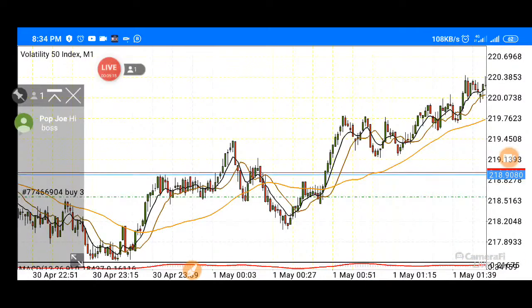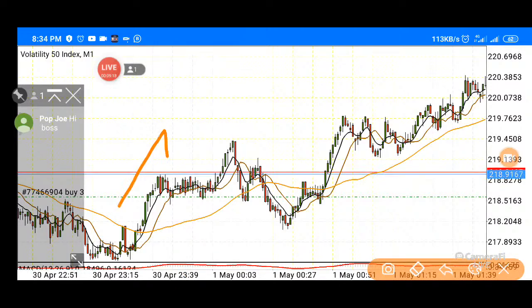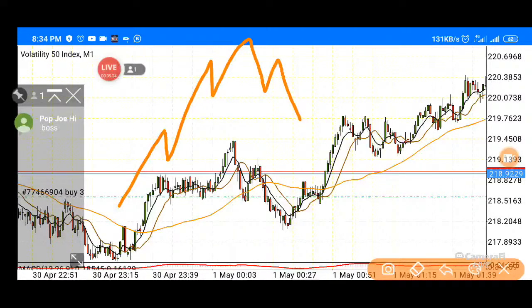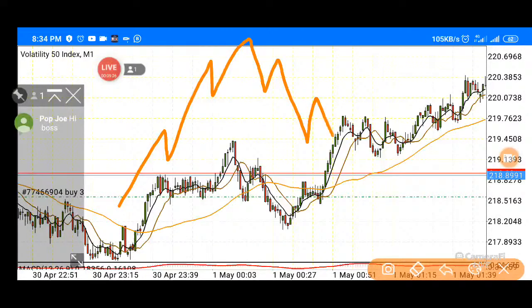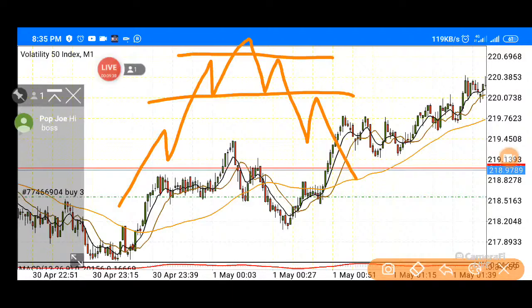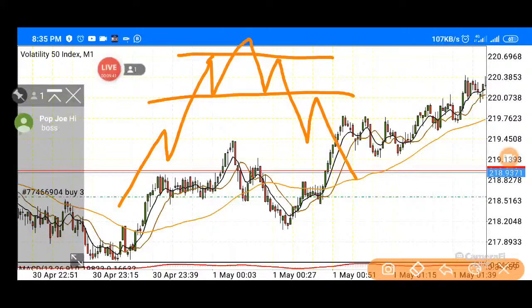So let me draw that again. It's usually like this. This support is usually called the neckline, and these two resistances are the shoulders.